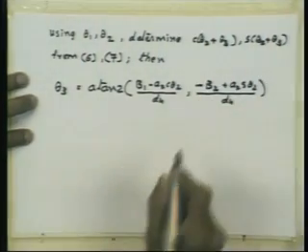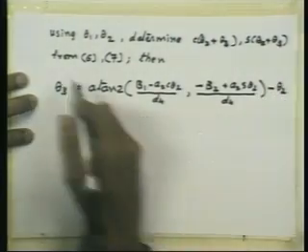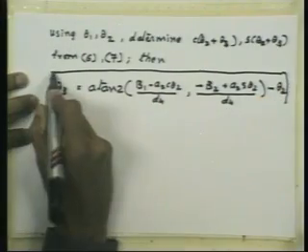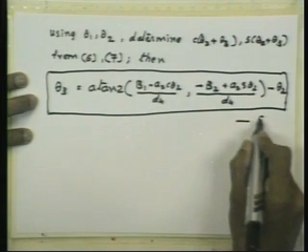For there to be a solution, b4 has to be non-zero. And you can obtain the solution for theta 3 like this. This is equation 9.